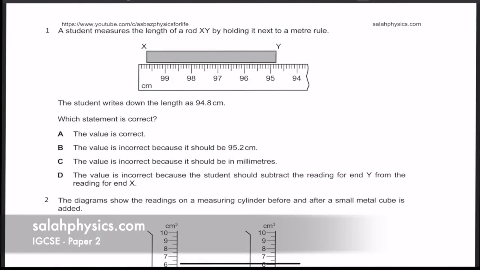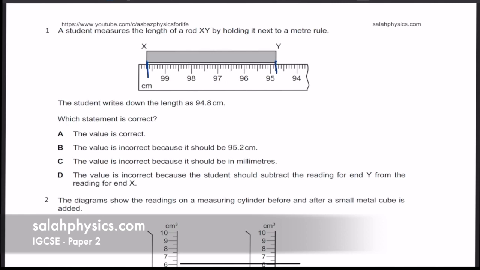In the first question, a student measures the length of rod XY by holding it next to a ruler or a meter rule. The student writes down the length as 94.8 centimeter. Which statement is correct? A, the value is correct. Actually, no, because in these cases, we need to take the final reading minus the initial reading.